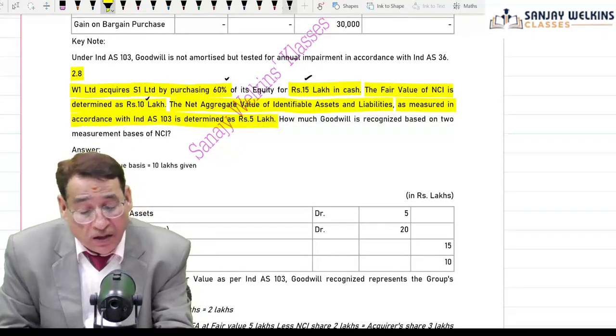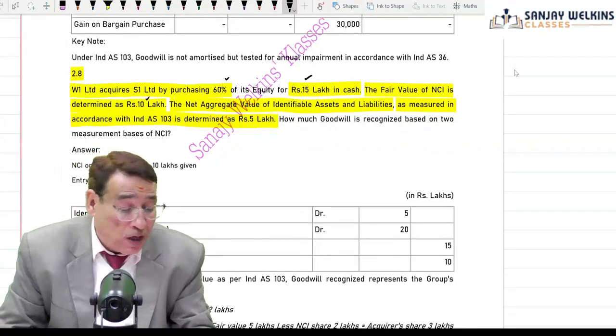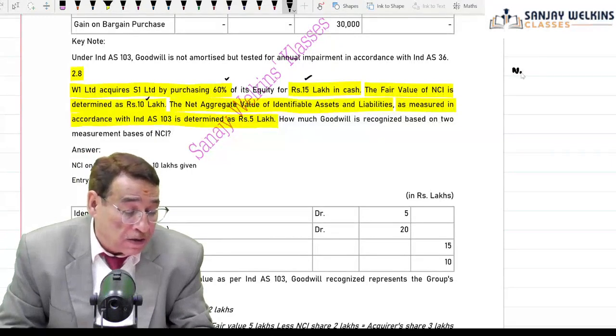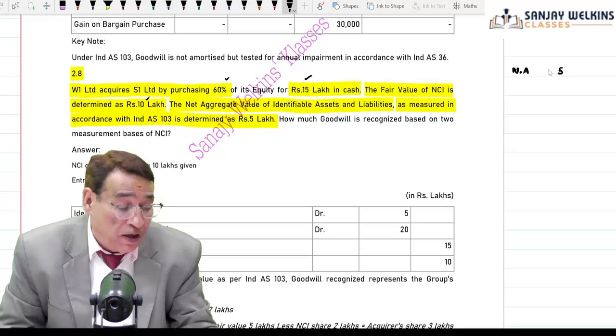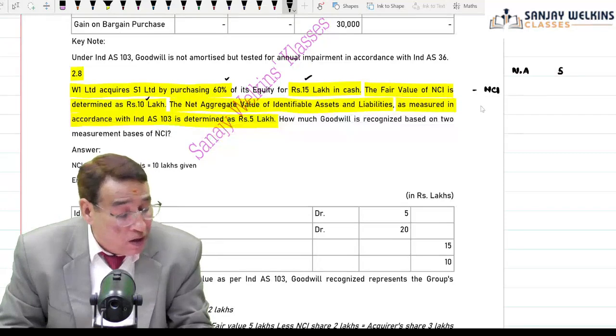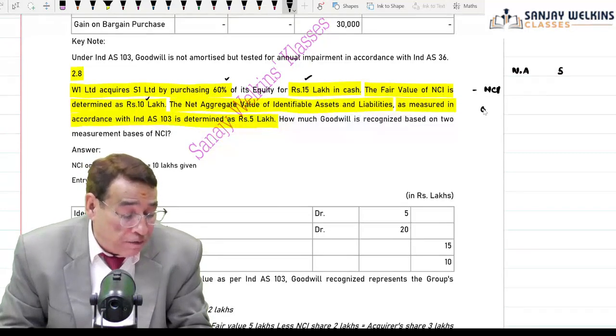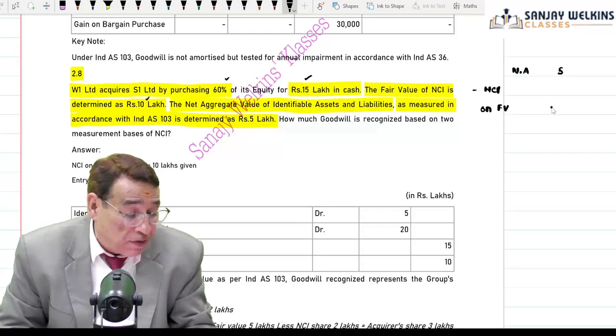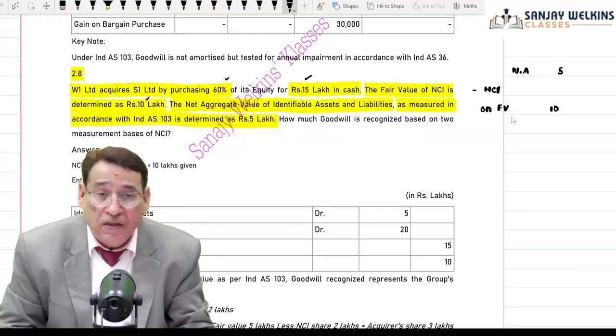That means in this particular question, you are being given that net assets on the date of acquisition is equal to 5 lakh. Now if I am going to subtract NCI, and NCI on fair value basis is already given as 10 lakh, whereas net assets are 5 lakh.